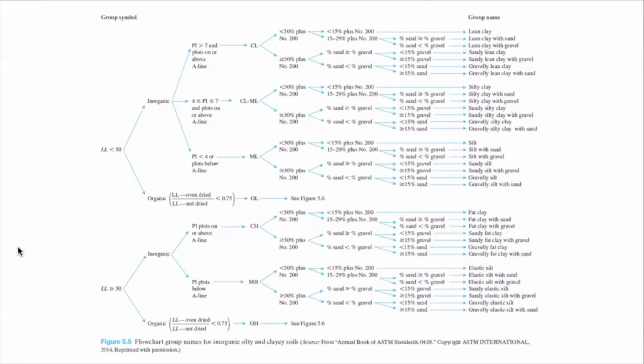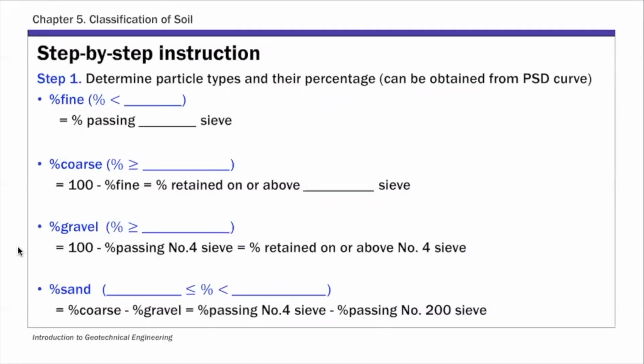Okay, now to the step-by-step instruction. I'm going to go over this in detail with you, and we're going to go over at least one example today. The first step is to determine particle types and their percentage. These are from sieve analysis. There are two scenarios.